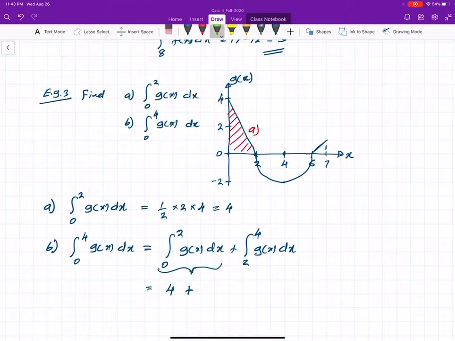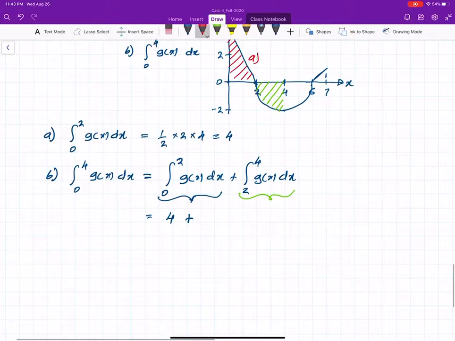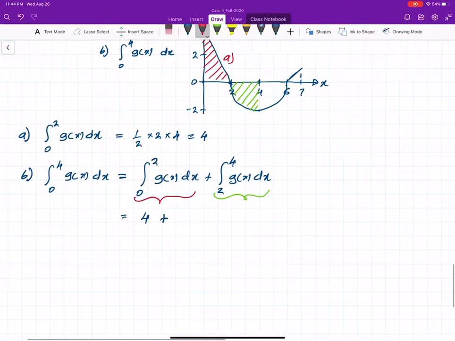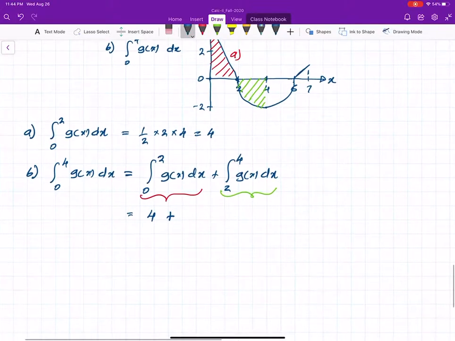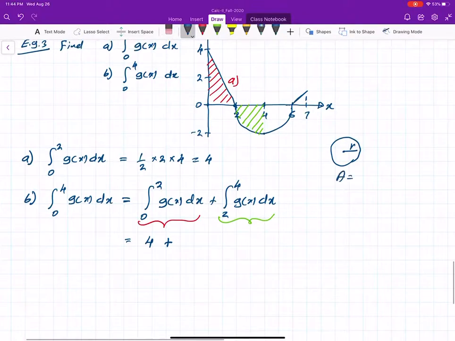And the other part you have to compute, let's use green, is that quarter circle. It's a quarter circle now. Now you should remember how to compute the area of a circle. If you have a circle, the area is A equals pi r squared.